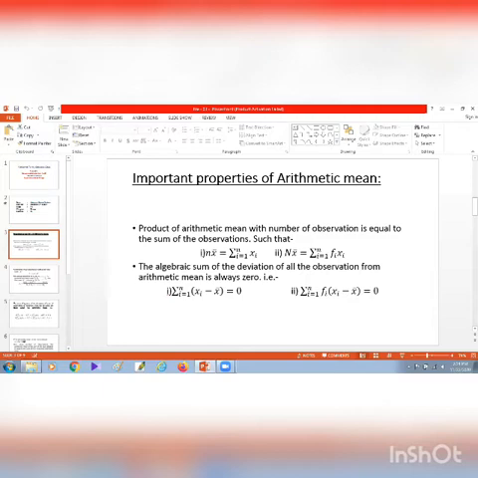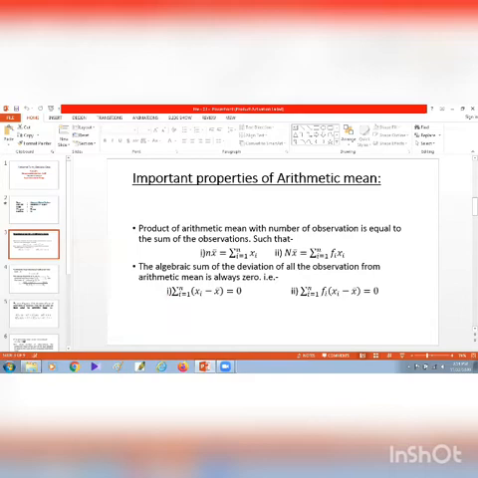Dear students, by definition, we know that the arithmetic mean is the sum of all observations divided by the number of observations. So, from the definition, we may conclude that total observation is equal to the product of the number of observations and their arithmetic mean.